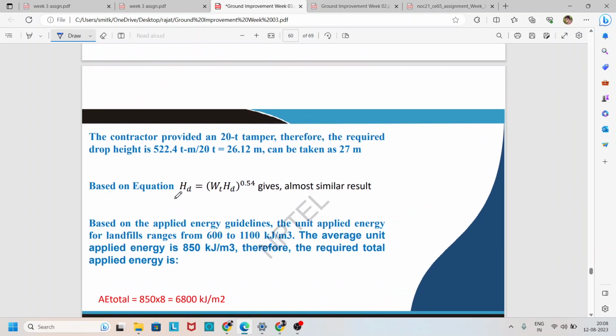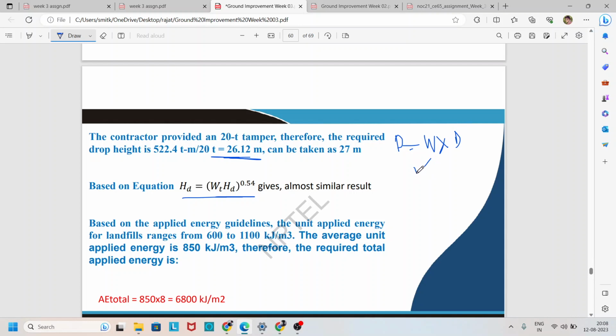Then we can find out the height of drop. We can also find the height of drop by this formula, but here it is found by dividing the applied energy by the tamper weight. We can easily find the drop height because we know that applied energy is nothing but the potential energy, and potential energy is force into displacement.